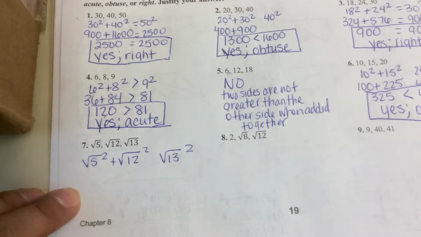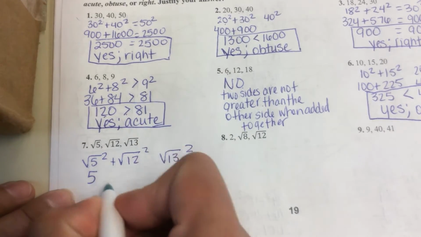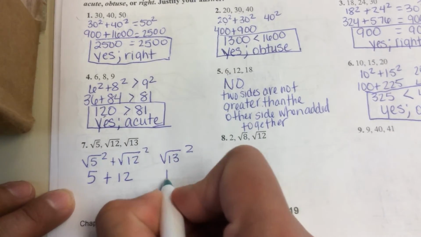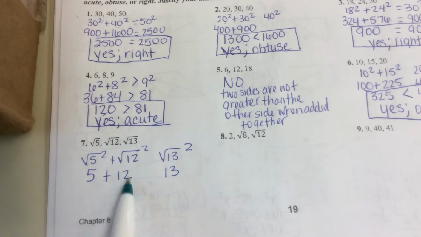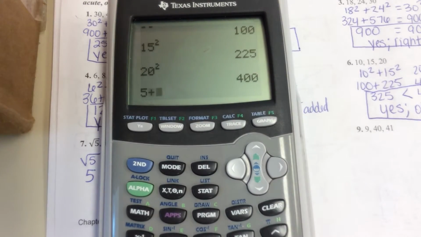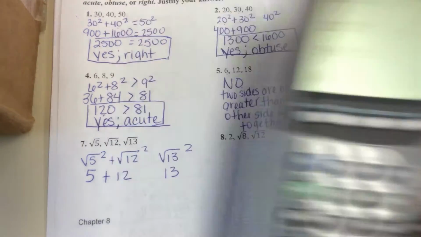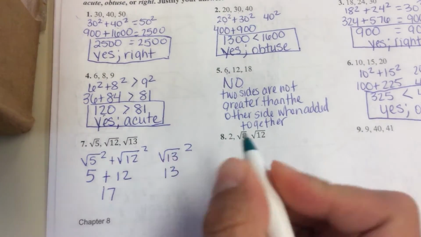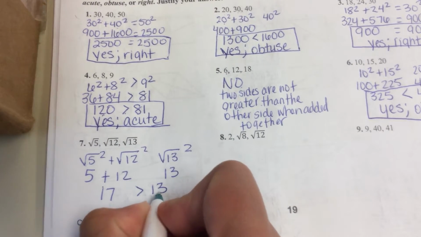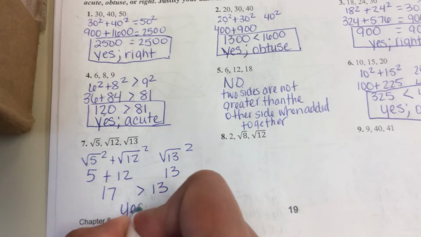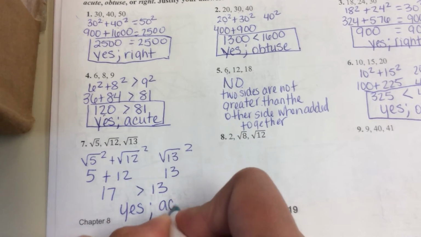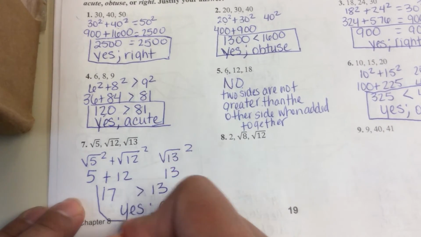When you do this, the square of a square root just becomes that number. So 5 plus 12 gives you 17. 17 is greater than 13. Therefore, yes, but it is an acute triangle.